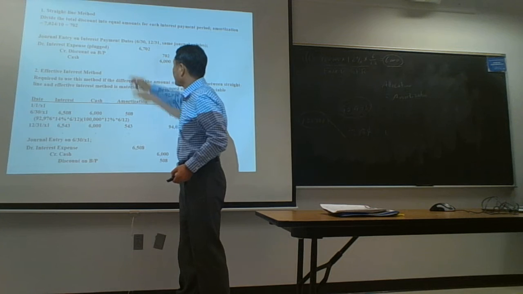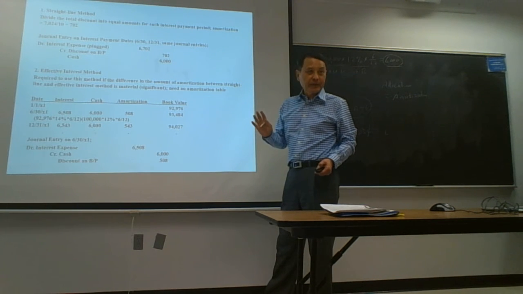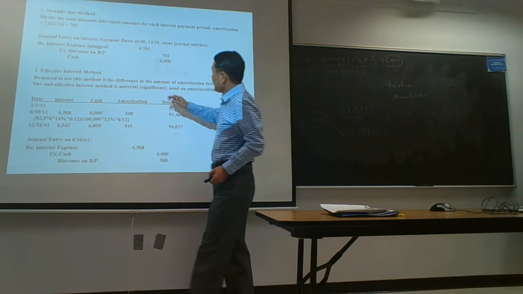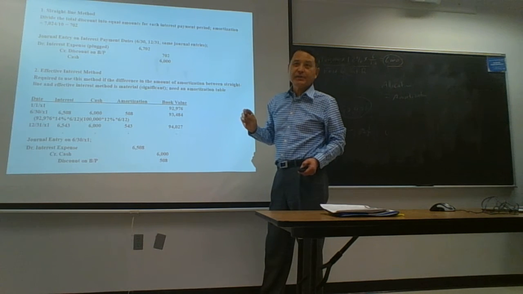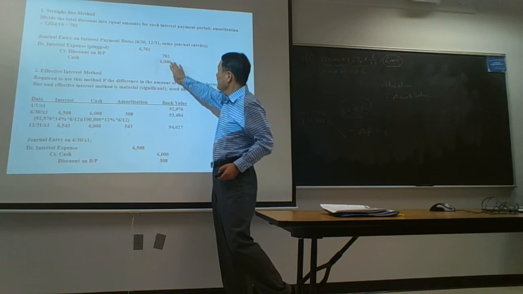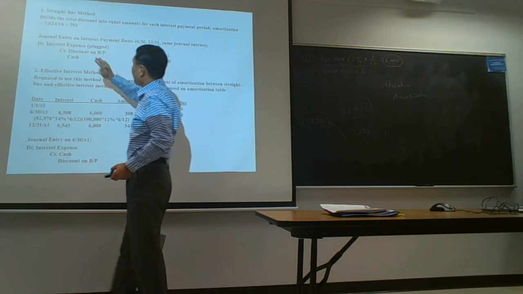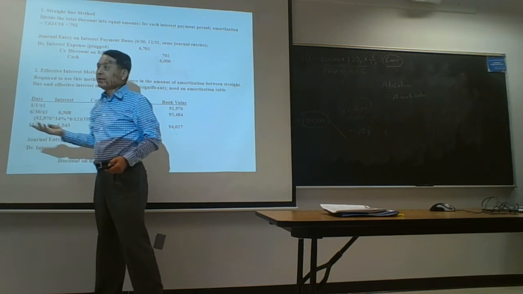Total of 6,702 interest expense is recorded every 6 months. So the 6,702 six-month interest expense consists of 2 parts: 6,000 regular interest plus 702 additional interest from allocation or amortization of discount.